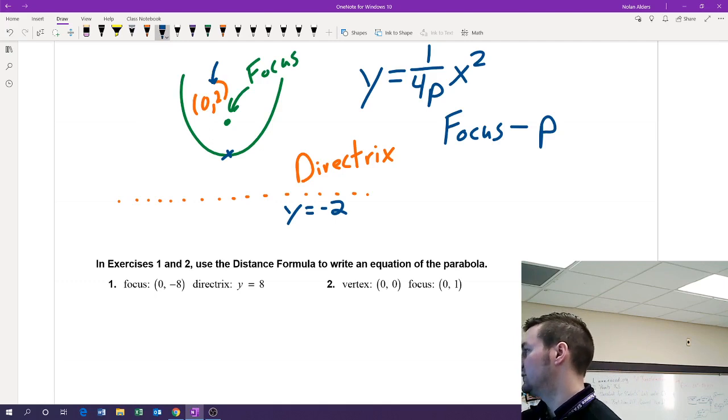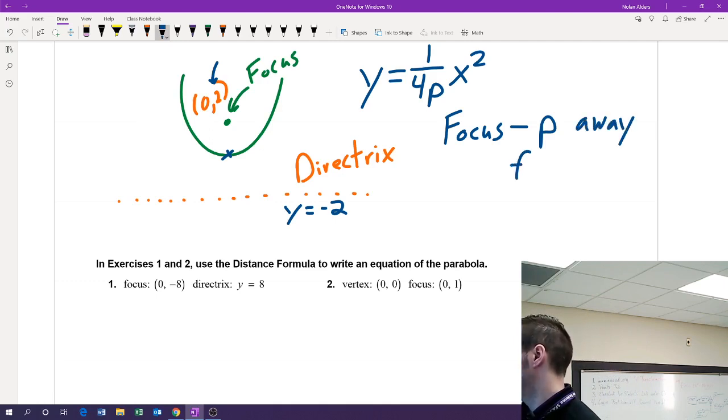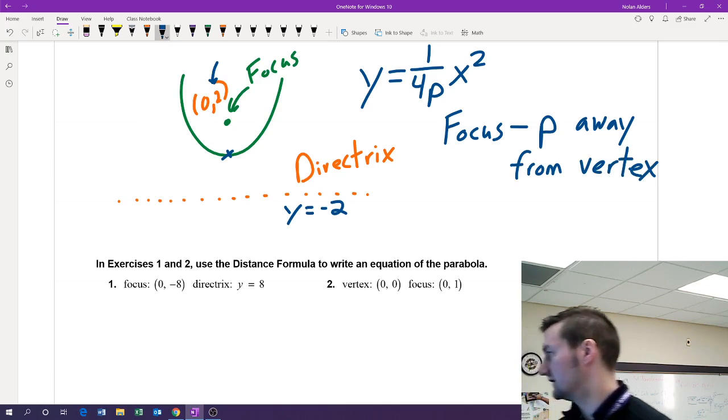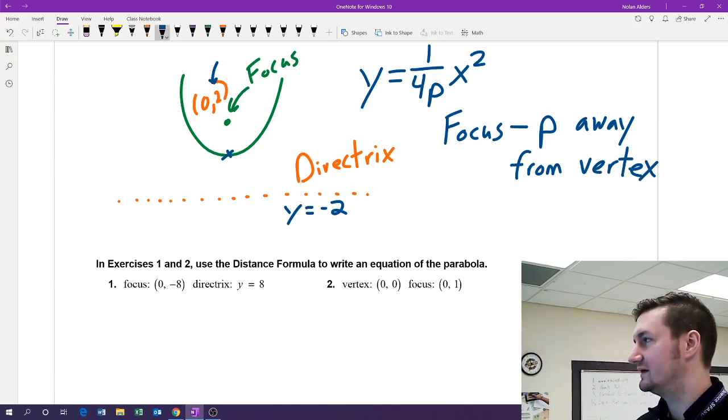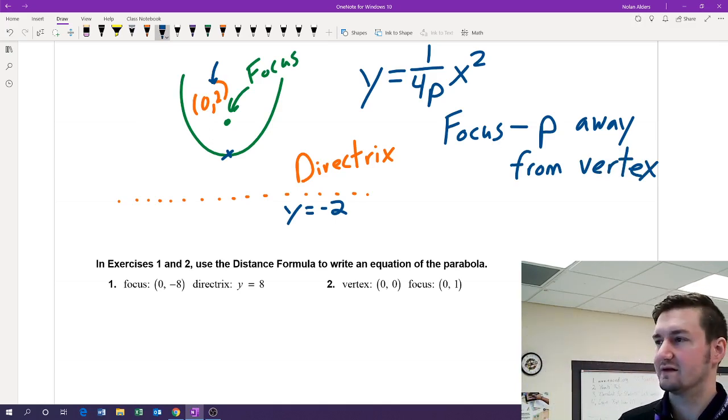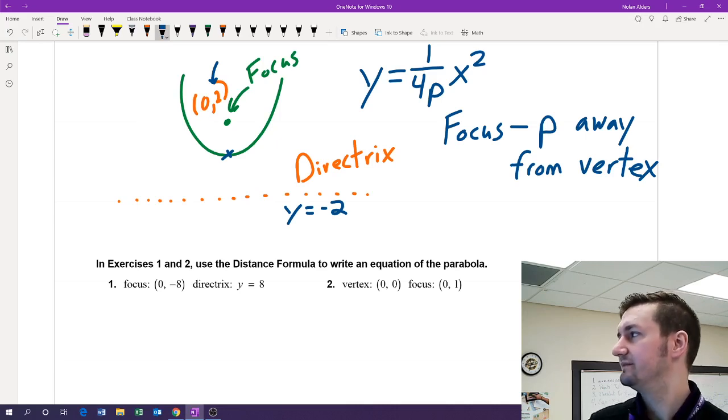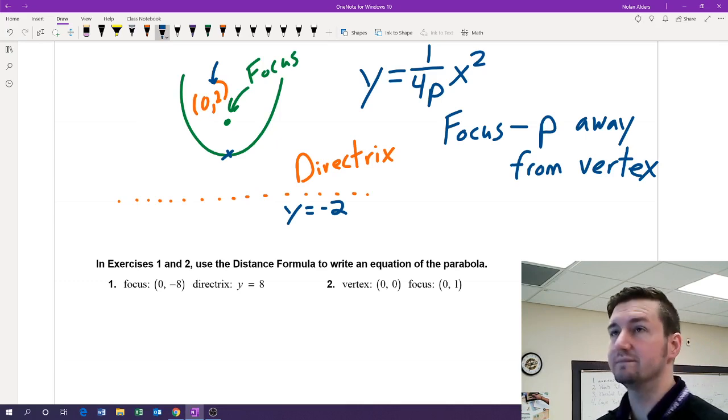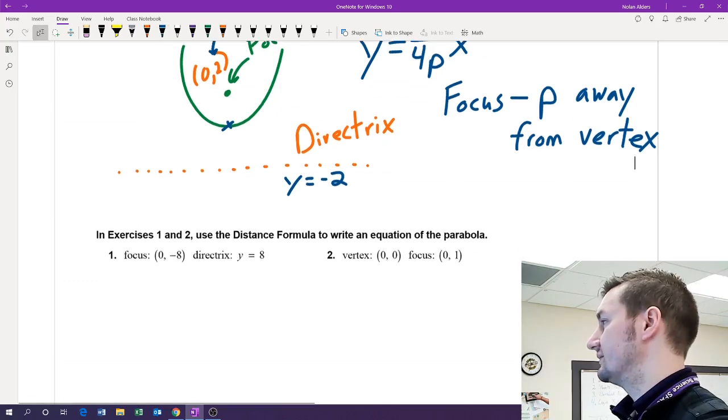So the focus is p away from the vertex. Alright, it's that distance p away from the vertex. So if we can figure out what p is, then we would be able to determine where our focus is. So let's look at an example here.